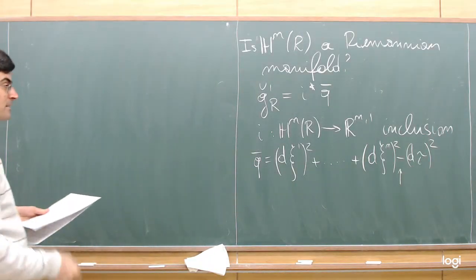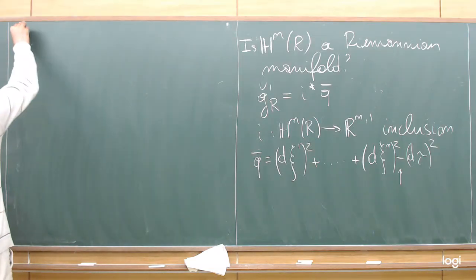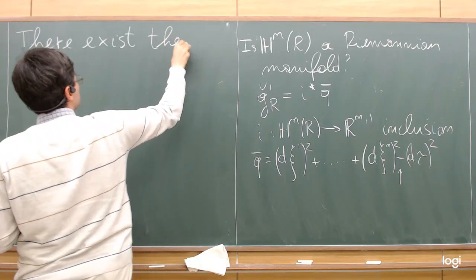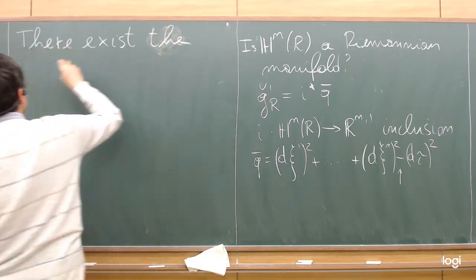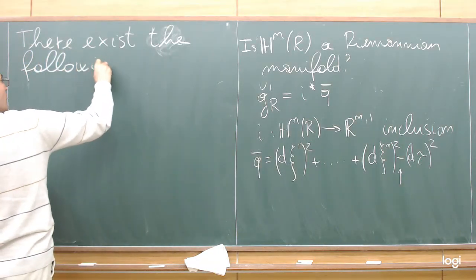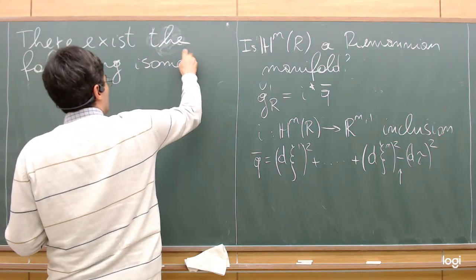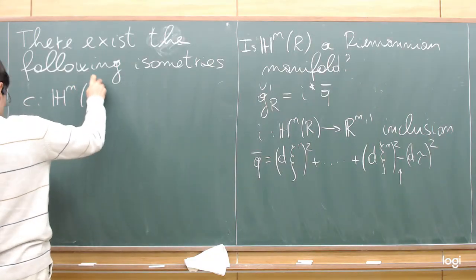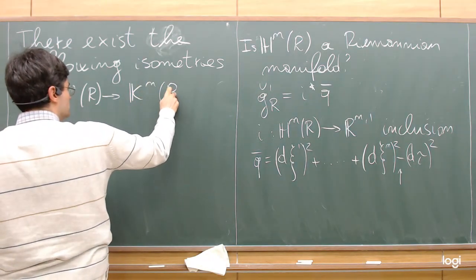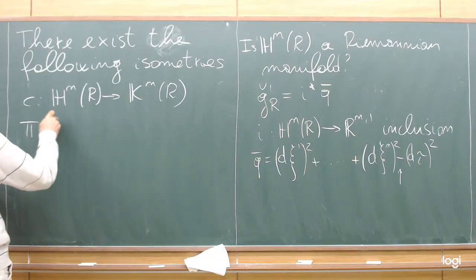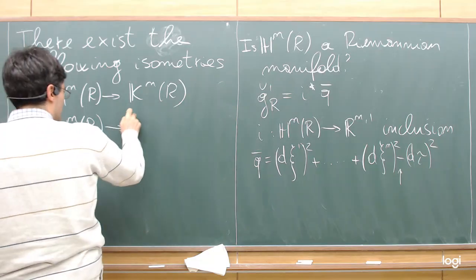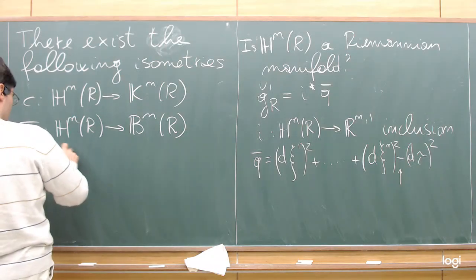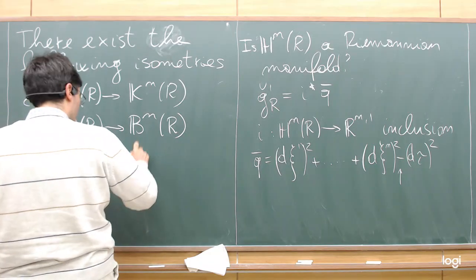Actually, this is a consequence of the following fact: there exist the following isometries: C between H^n_R and K^n_R, pi between H^n_R and B^n_R, and K from B^n_R and U^n_R.